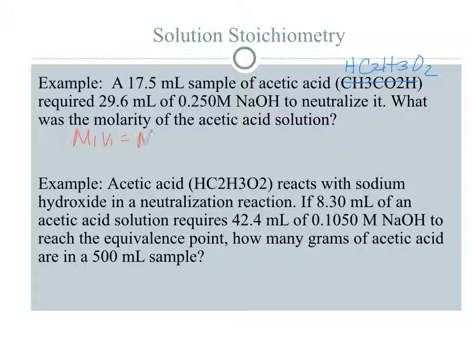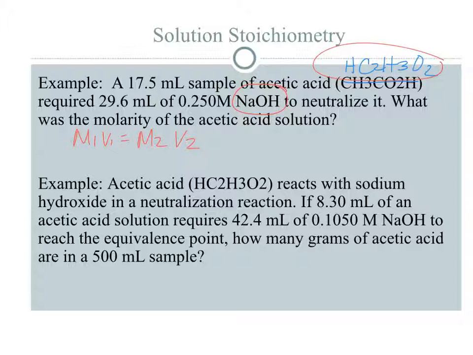M1V1 equals M2V2. And one of the reasons that I'm doing this is because I'm looking at my compounds. I know that this is all 1-to-1 ratio. My balanced equation is going to produce sodium acetate and water.